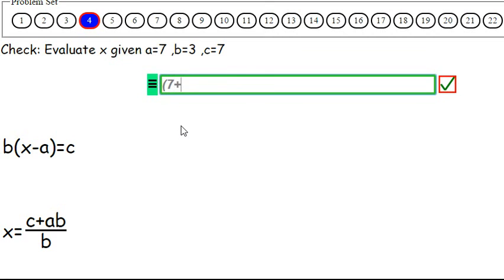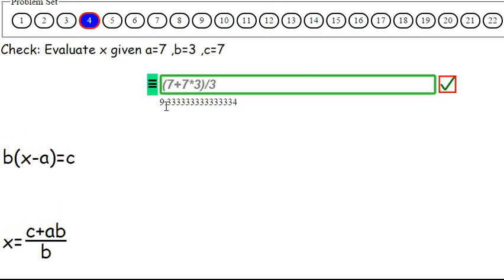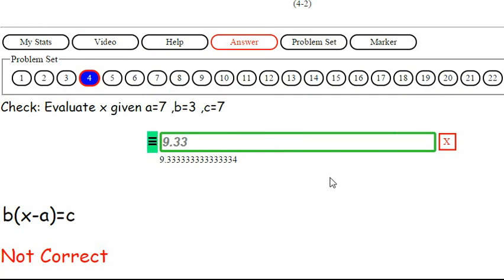A is 7 times, what is it, ab, 3 times 3, divided by b, 3. This is the calculator part. We got 9.33, so we're going to round this to 2 decimal places, 9.33. Click. Not correct.